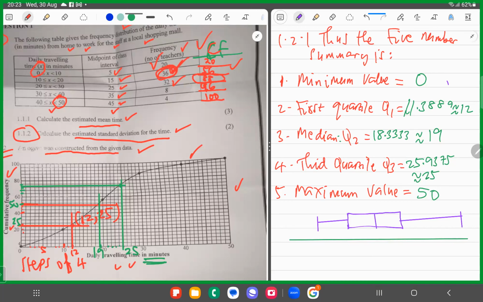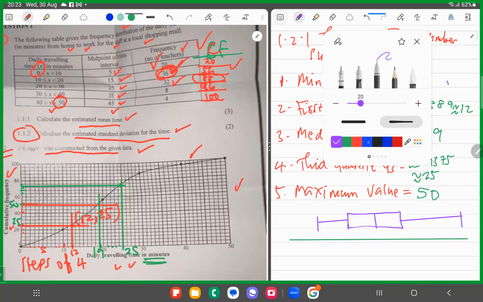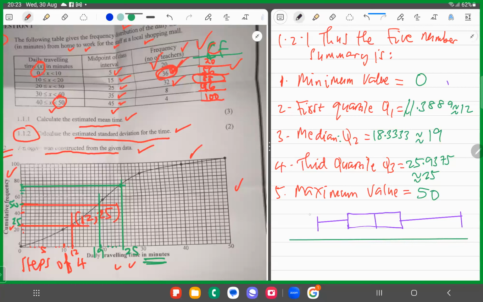This one is going to be the minimum and this one is going to be the maximum. The maximum is 50, but the minimum is at 0. Here we're going to have Q1, Q2, Q3.